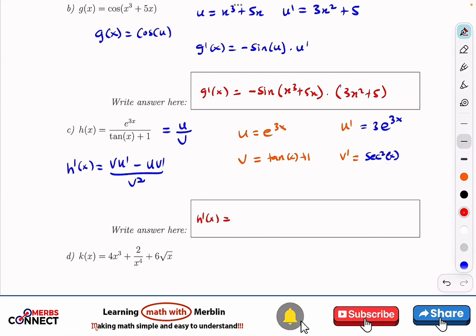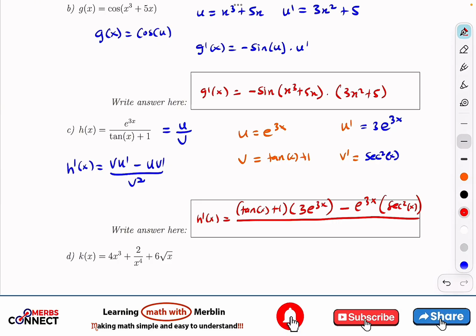H prime of x will be equal to v, which is tangent of x plus 1 in parentheses, times u prime, which is 3e to the 3x, minus u, which is e to the power 3x, times v prime, which is secant squared of x, all divided by v squared, which is tangent of x plus 1 all squared.